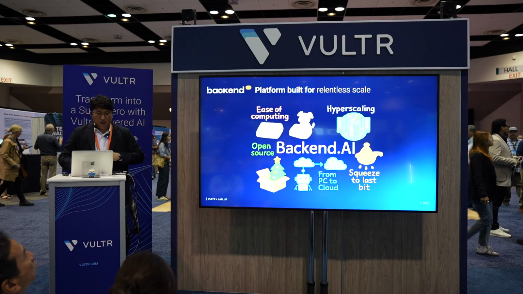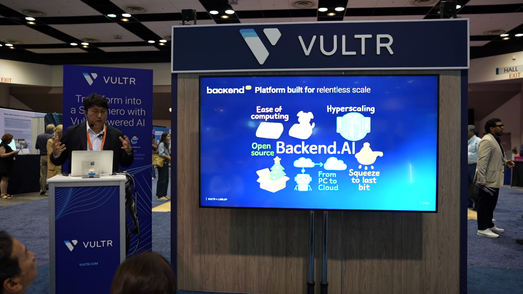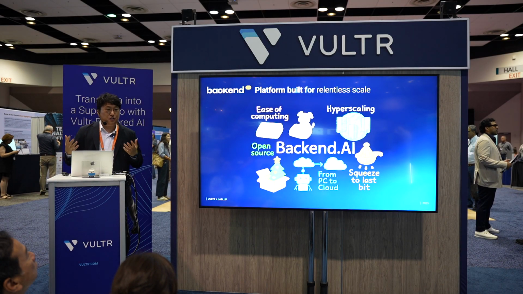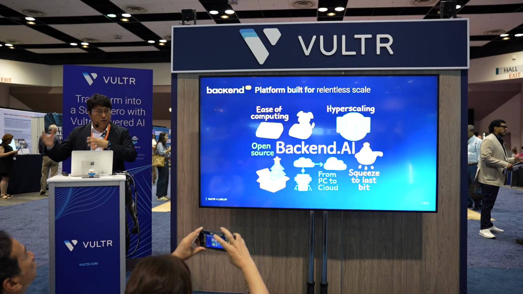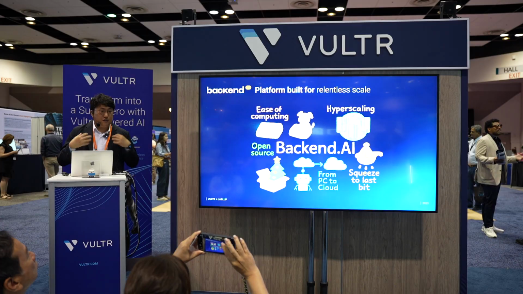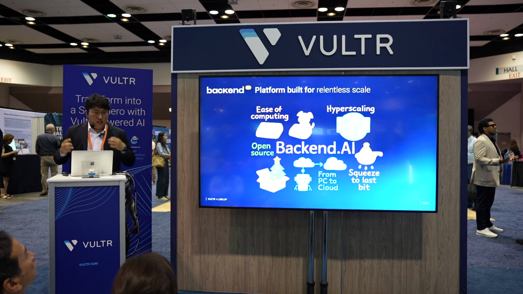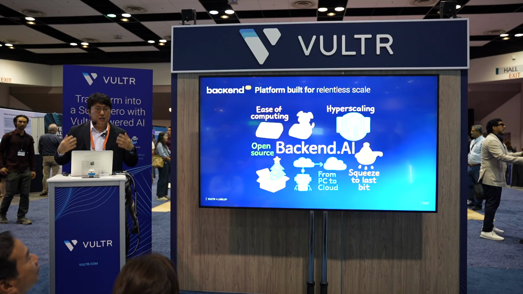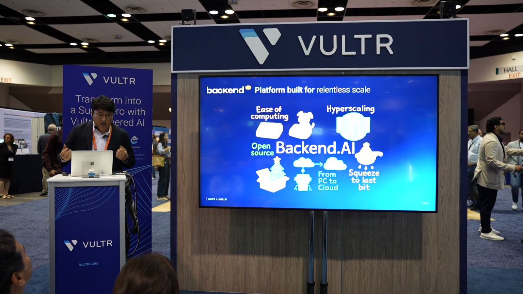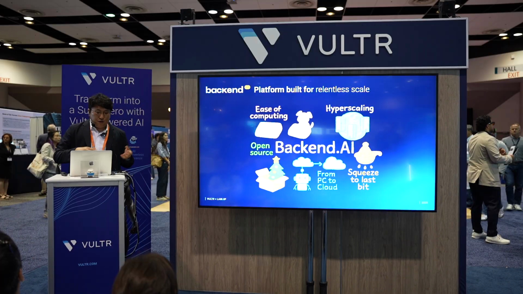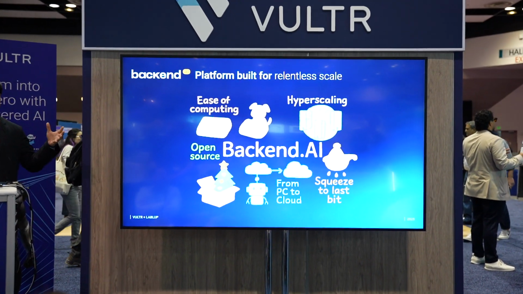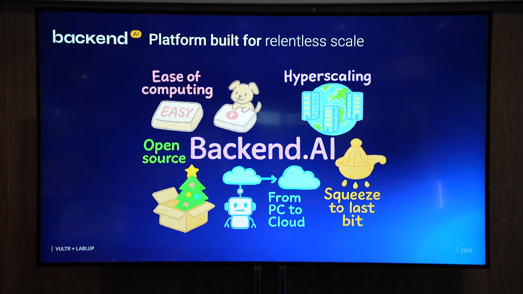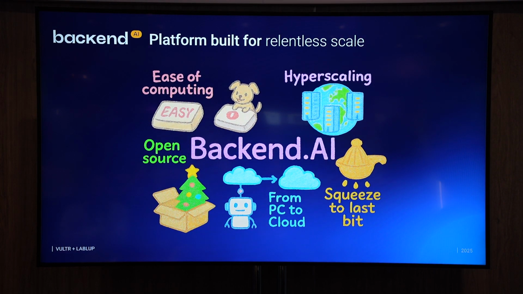So Backend.AI is a platform built for relentless scale. Basically, it makes it easier to manage your infrastructure and workload. As a container-based platform, it is based on many open source technologies as well as our own container orchestration engine called Sokovan. And it scales from a single Jetson Nano, a very small scale embedded platform, to thousands of data center GPU nodes as well.